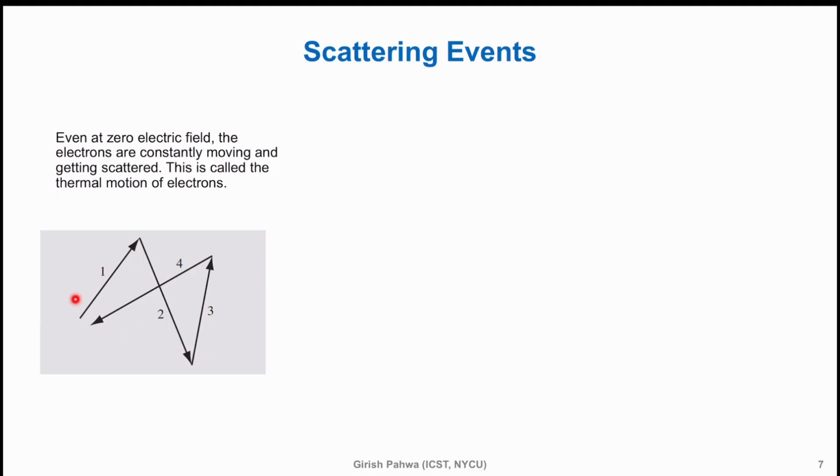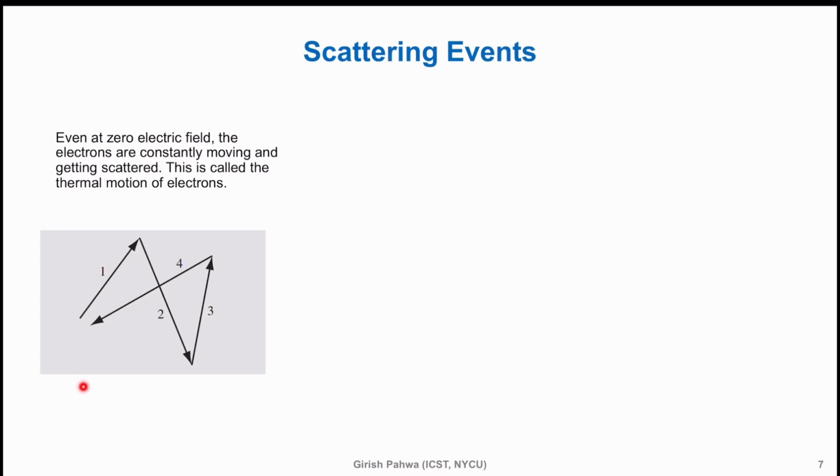So you have, say, an electron going through this path, say as a function of x, and then it encounters some scattering event, goes here, again goes like this, again a scattering event, and comes back. So this type of motion can be present when the electric field is 0.